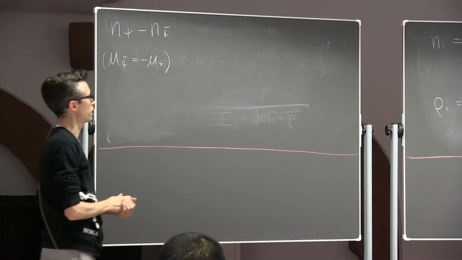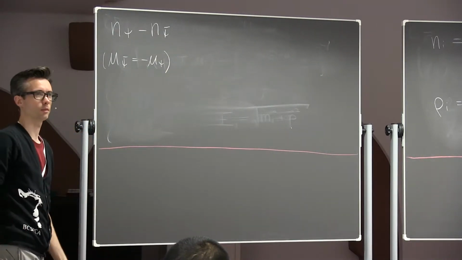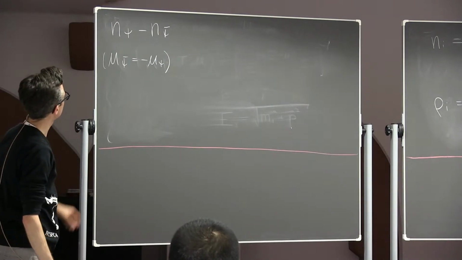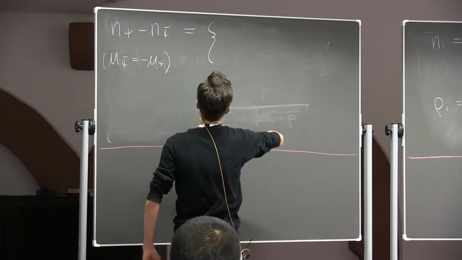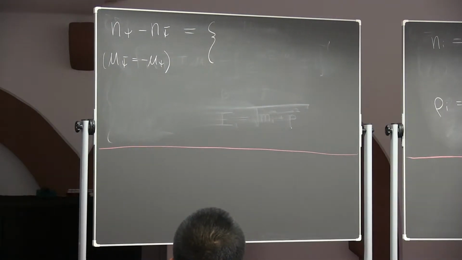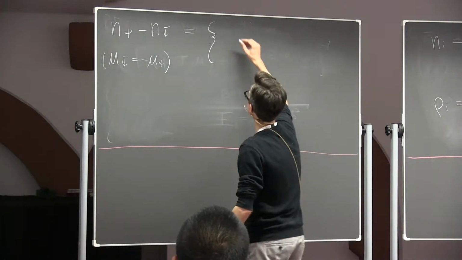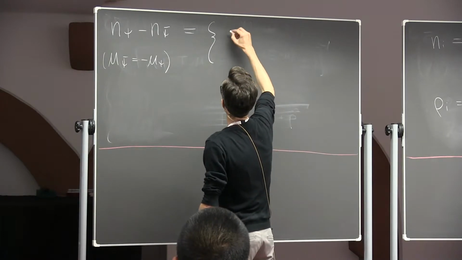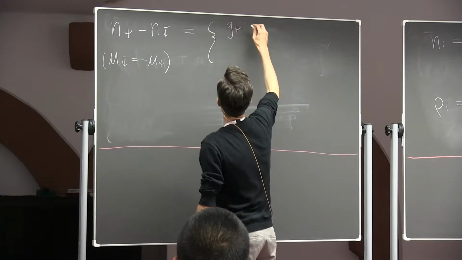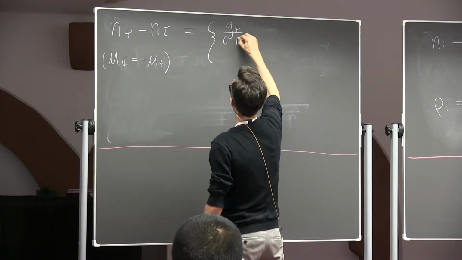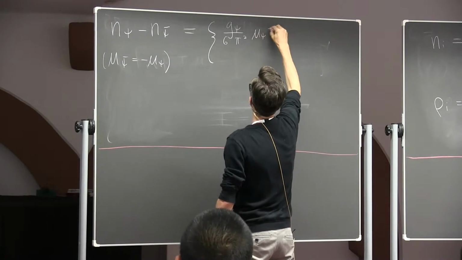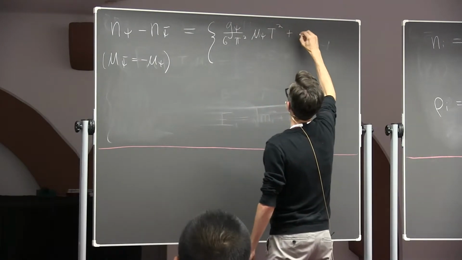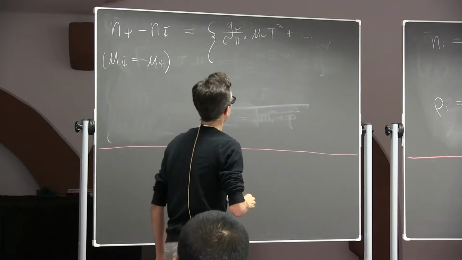So I take my distribution functions, which I sadly just erased, but I'm sure you all remember them, and I compute the difference between these number densities. And it turns out that what I get at high temperature is g psi over 6, mu psi T squared, plus ... So that's the leading term at high temperature.